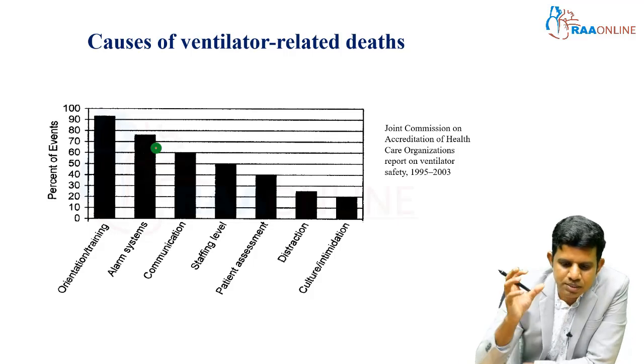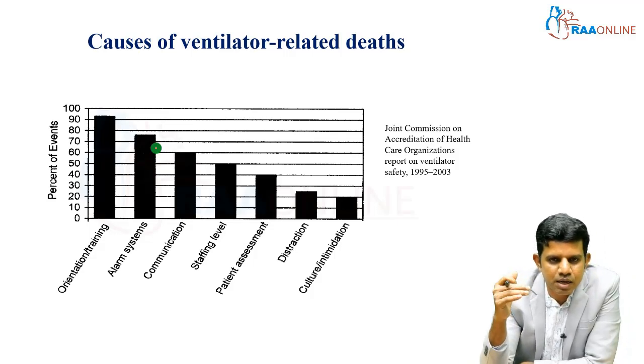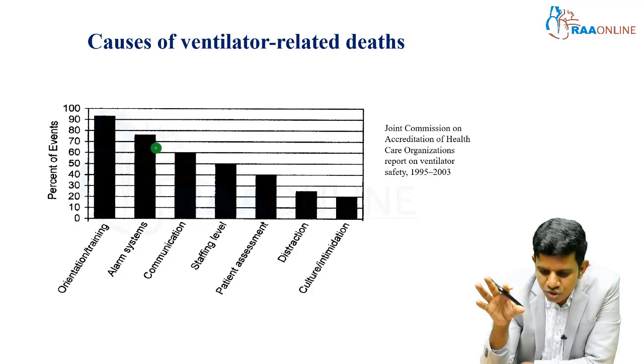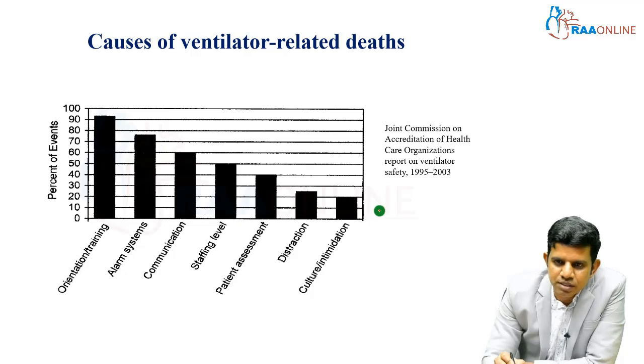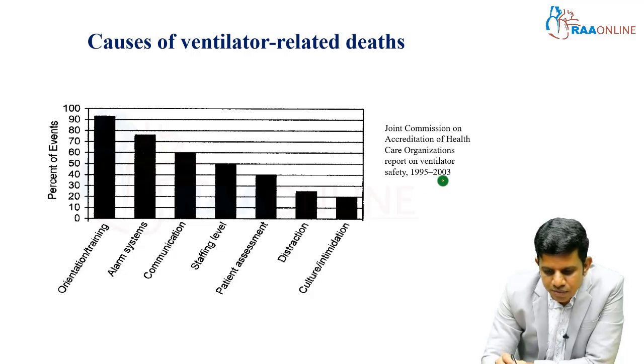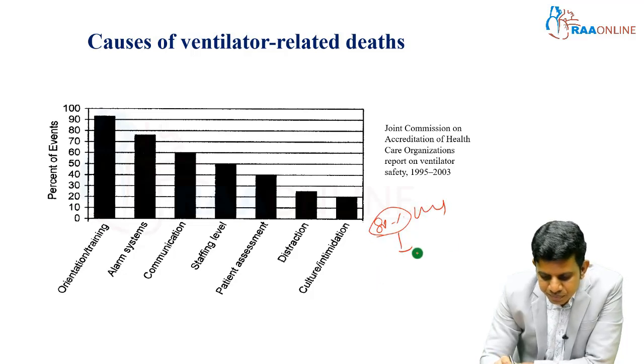So, why is it important? Our understanding of the ventilatory waveform is not as expected. See here in this Joint Commission report, they observed over 10 years, from 1995 to 2003, the reasons for ventilator-related deaths. They found that almost 80% of ventilator-related deaths were contributed by human error.